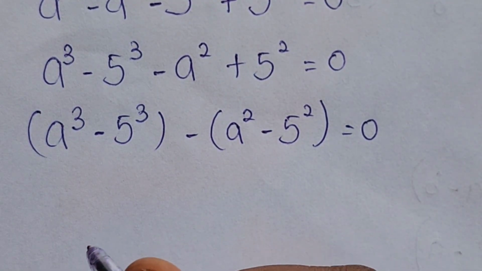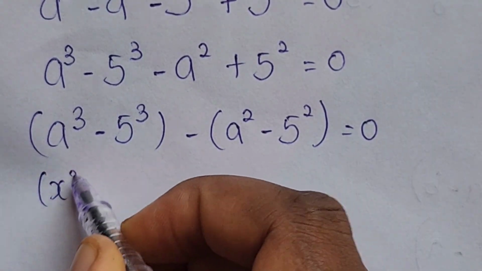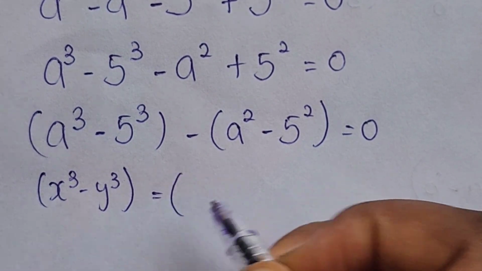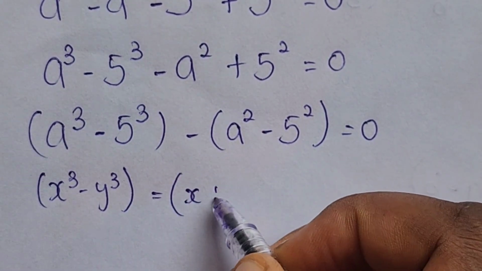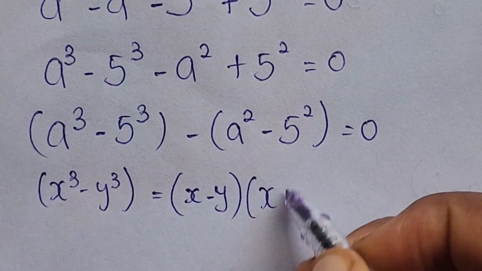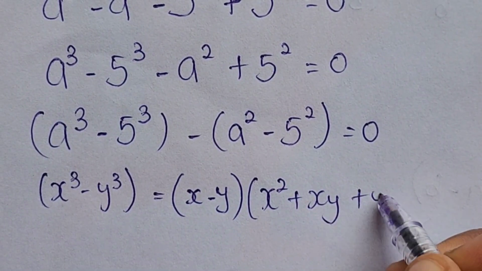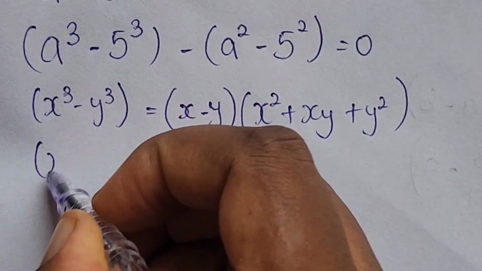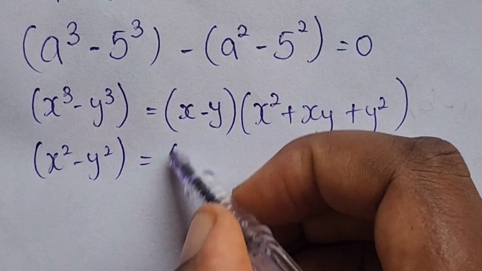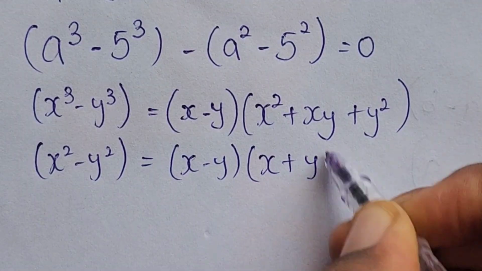So let's remember our cubic expansion. When we have x to the power of 3 minus y to the power of 3, this is equal to x minus y times x squared plus xy plus y squared. And when we have x squared minus y squared, this is the same as x minus y times x plus y.